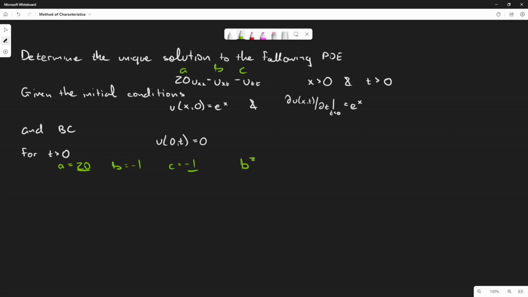For the discriminant, in terms of a quadratic, it will be b squared minus 4ac, which is equal to 1 minus 4 times 20 times -1, which is 1 plus 80, which is 81, which is not equal to 0. So that means we're down to one of 2 cases.